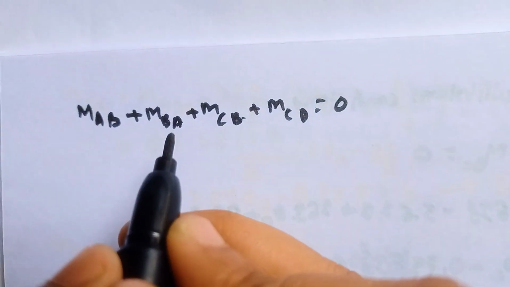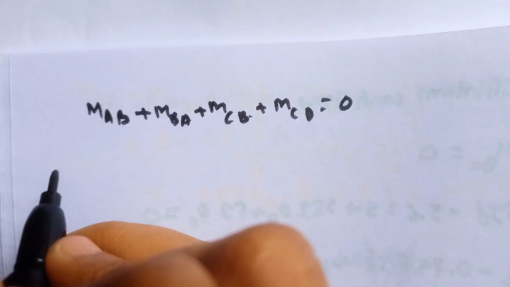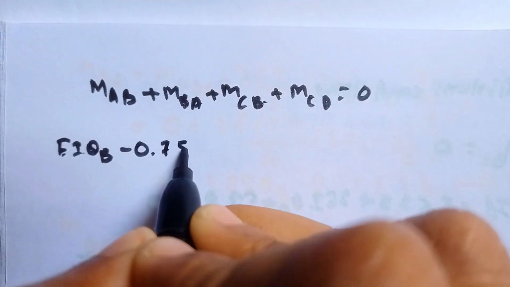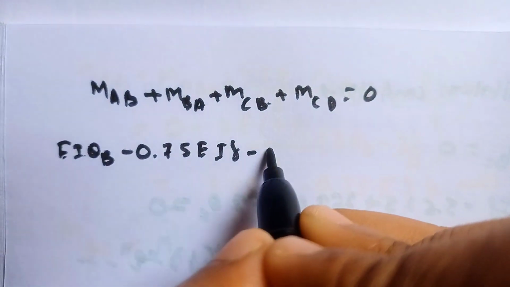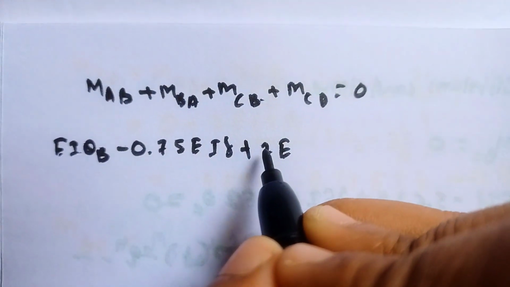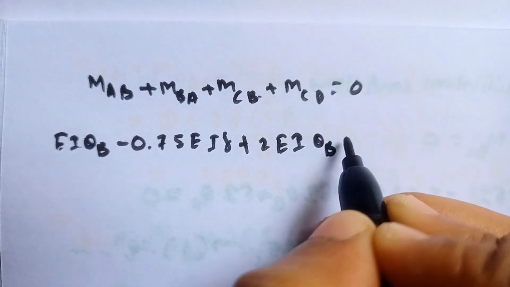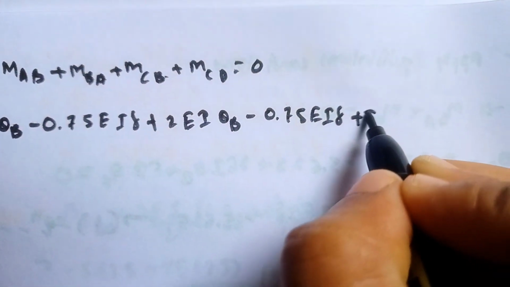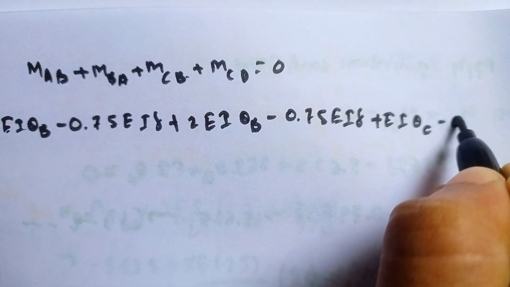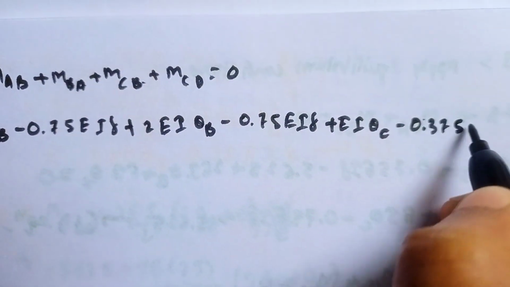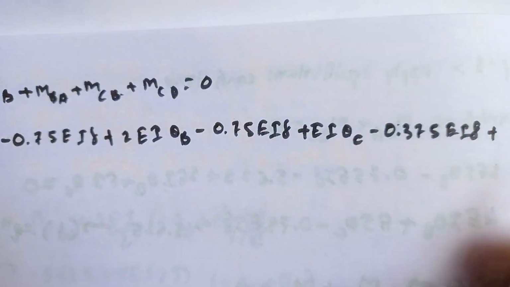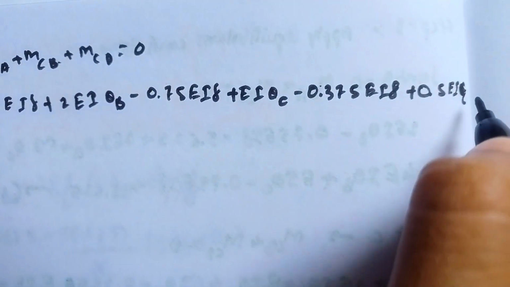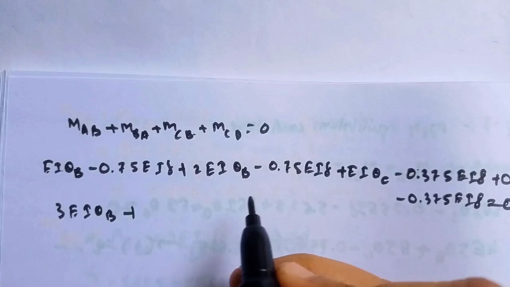Now substitute all the values of MAB, MBA, MCB and MCD. So MAB value we got was EI theta B minus 0.75 EI delta, plus 2 EI theta B minus 0.75 EI delta, plus EI theta C minus 0.375 EI delta, plus 0.5 EI theta C minus 0.375 EI delta is equal to 0.